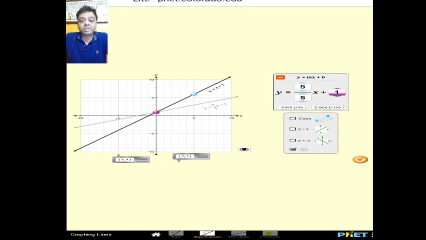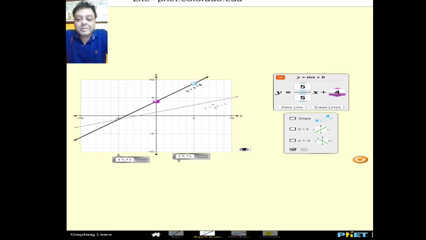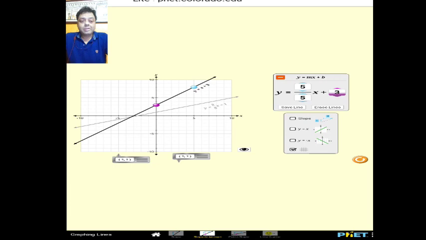Let's see, this is violet color, the pink color point you watch. If I increase this 2, 3, 4, you can see the pink color point going up. And if it is decreasing, still the slope of the graph remains the same.